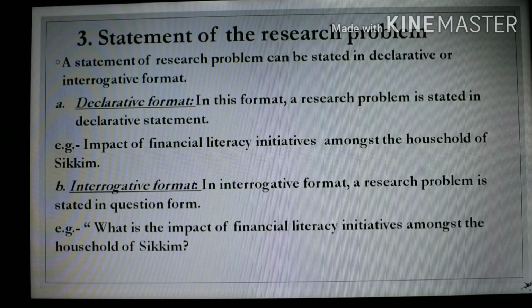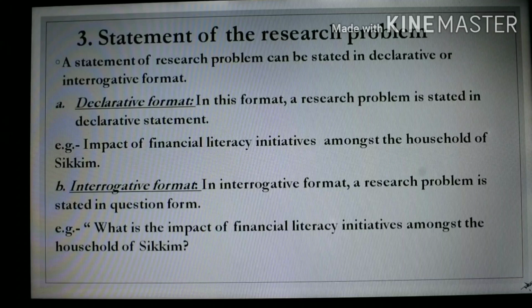Under declarative format, the research problem should clearly state the variables and population. I have given an example here: Impact of financial literacy initiatives amongst the households of Sikkim. Here the variable is clearly defined, financial literacy, and the population is also clearly defined, households of Sikkim.